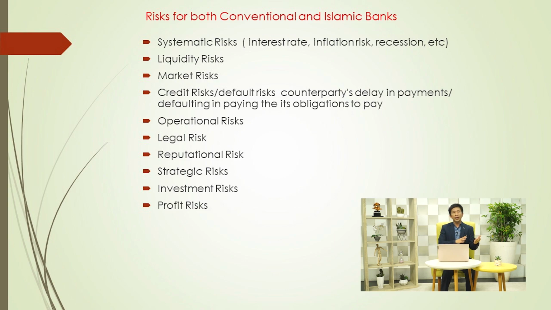When they want to withdraw it, the bank should have money to give to the depositors. Sometimes the banks are not able to meet these obligations. They cannot give it immediately because of liquidity problems. So we call this liquidity risk. This is a risk that arises because the banks fail to meet their obligations in due time.